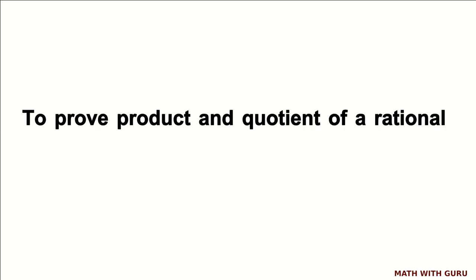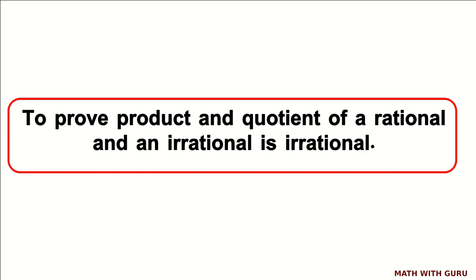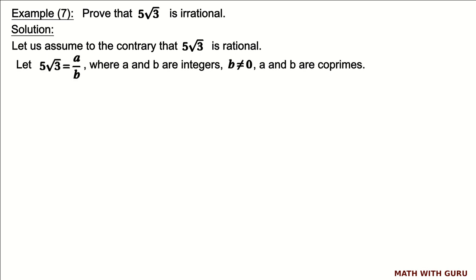To prove the product and quotient of a rational and an irrational is irrational, consider this example. Prove that 5 root 3 is irrational. Let us assume that 5 root 3 is rational. Let 5 root 3 equals a over b. Bring b to the left hand side. 5b root 3 equals a.